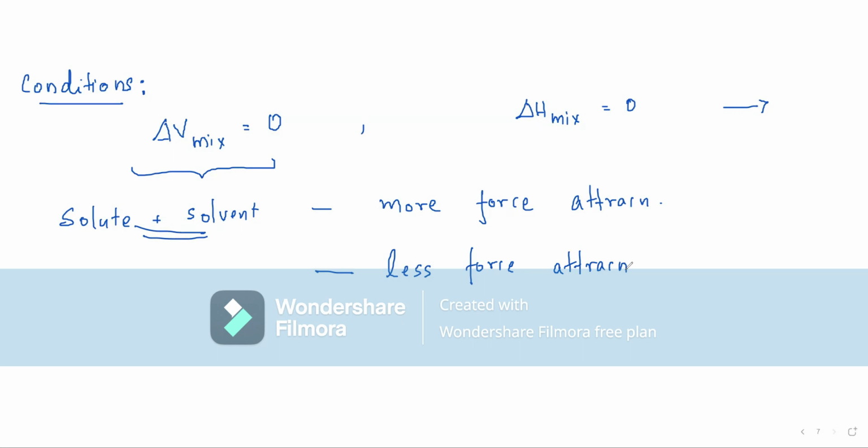When the particles move away from each other, the net volume increases. So that is the meaning of delta V mixing has to be 0. It cannot be more or less than 0. That is delta V, change in volume. There should be no change in volume when you mix the solute with the solvent.